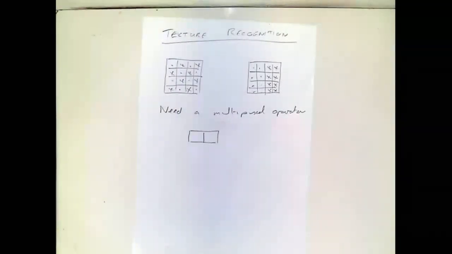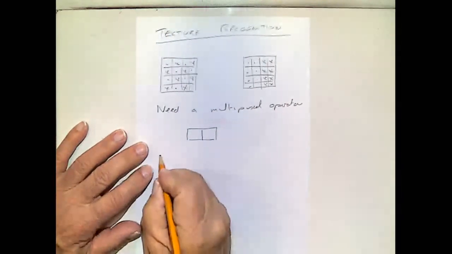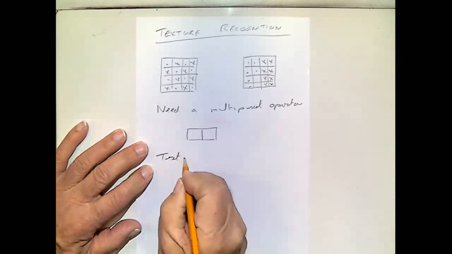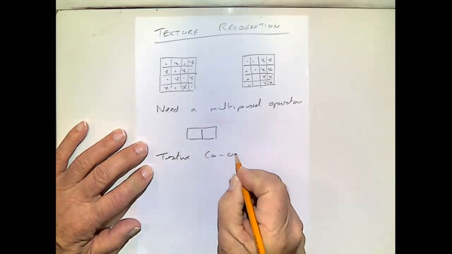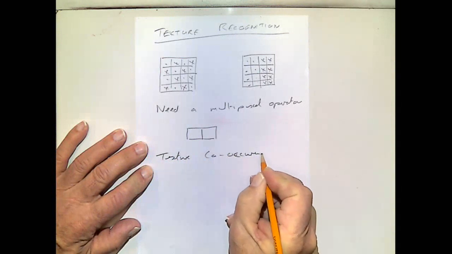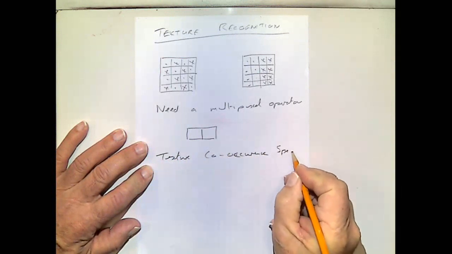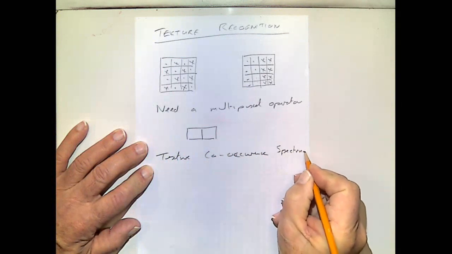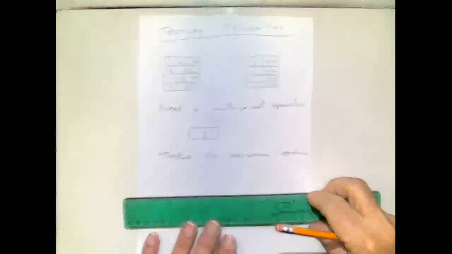And this will lead us to a texture co-occurrence histogram, you can call it a histogram, it's usually called a spectrum.